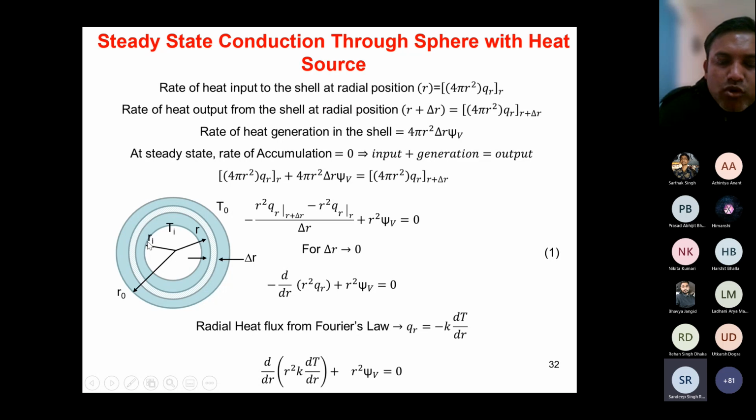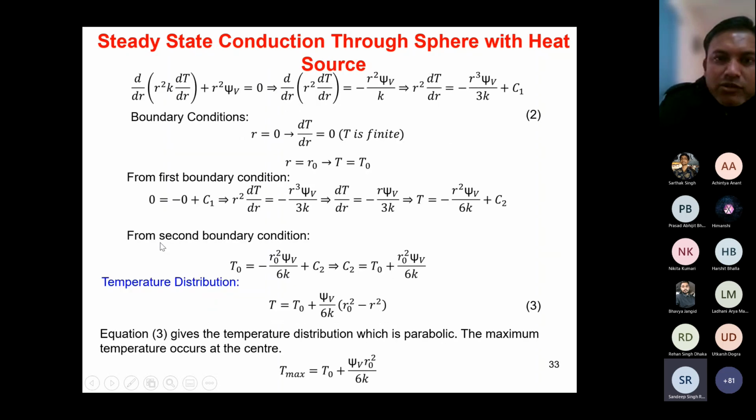This figure I need to modify, because the problem which we are solving is not a hollow sphere but a solid sphere. Remember, we are assuming a solid sphere. So then this Ri will not be there, and the boundary condition is that at R equals 0, dT by dr equals 0. So I will just change this figure.